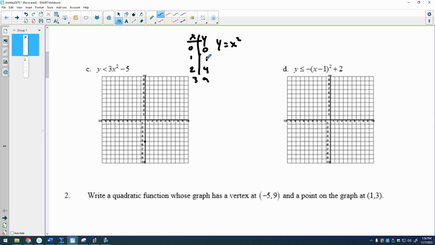So instead of going over 1 and up 1, I go over 1 and up 3. So from here, I go over 1 and up 3 in both directions. I go over 2. Normally it's 4. Now it's up 12, in both directions. And it's a super skinny parabola.